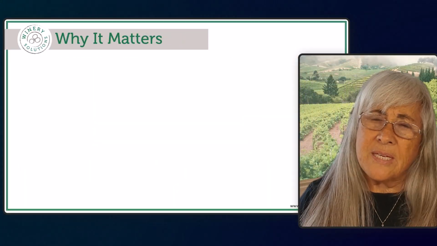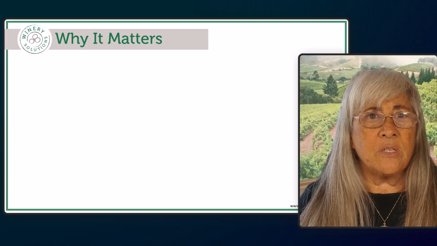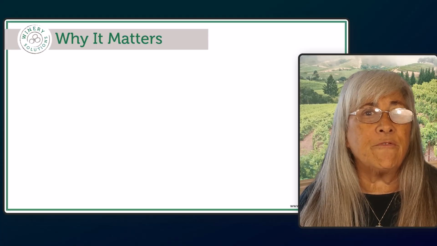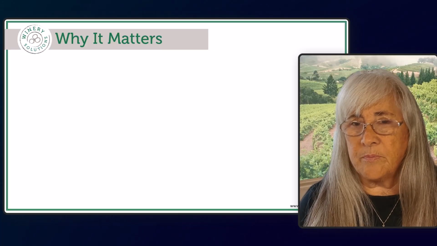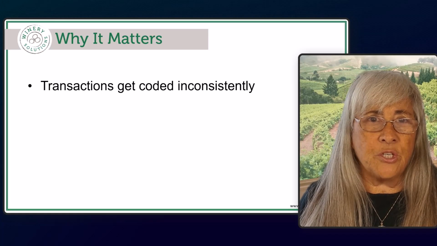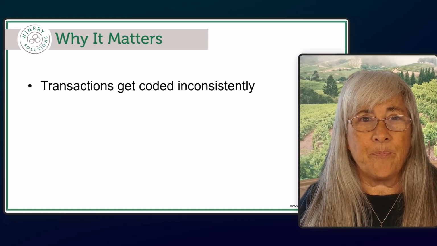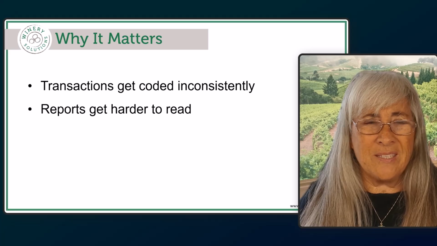So why does this actually matter? Because when your chart of accounts isn't structured for a winery, a few things start breaking down in ways that are really hard to diagnose. Your bookkeeper is guessing which account to use and guessing differently every time. The reports look right, but they don't actually make sense.